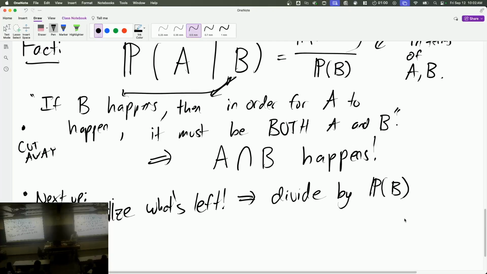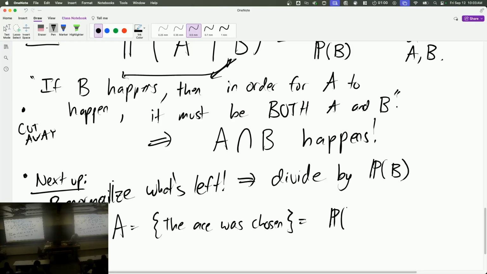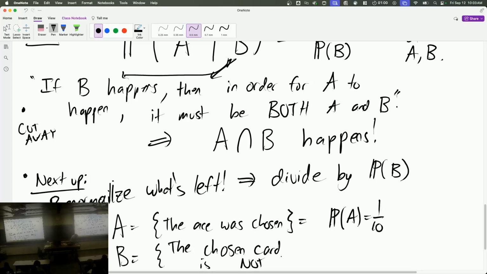Let's do the example we did before, with this formula. If A is the event the ace was chosen, that has probability 1/10. The probability of A was 1/10. And B is the event the chosen card is not the 2.